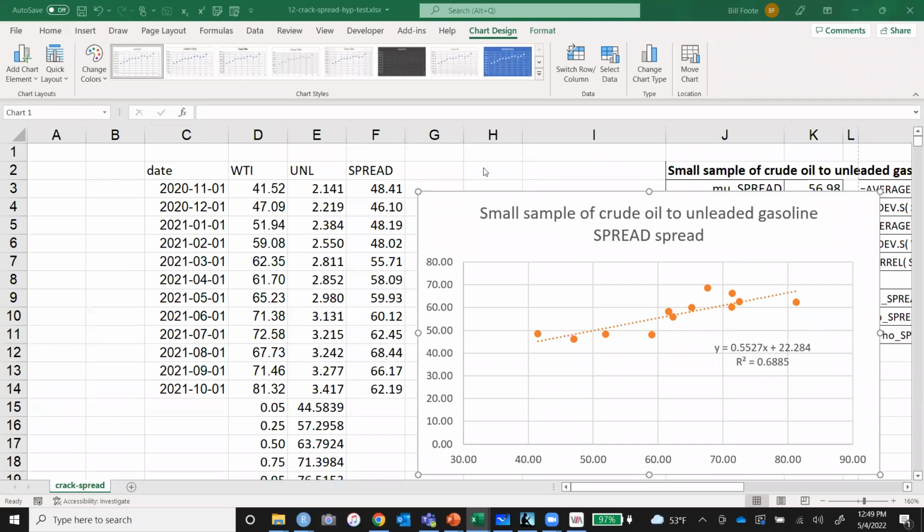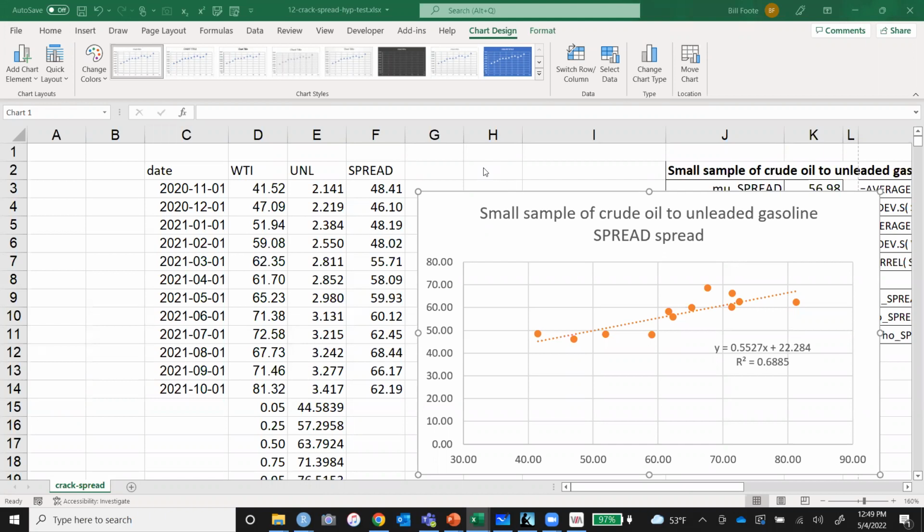You do see that rise over run, and that would be the interpretation. If there's a $1 increase in WTI dollars per barrel, there will be a little bit over a $0.50 increase in the spread.